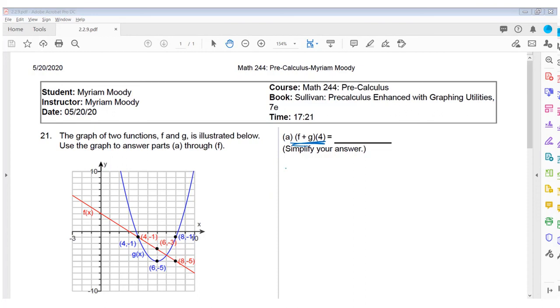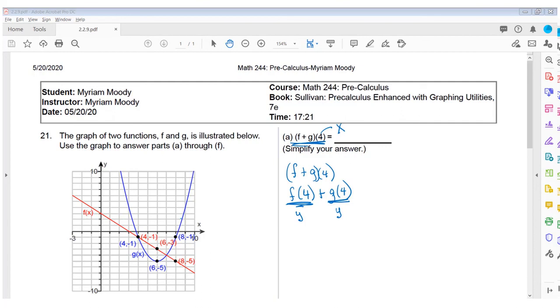Remember, f plus g of 4 can be written as f of 4 plus g of 4. What does the 4 represent? That's your x. F of 4? Yeah, that's a y. G of 4? That's also a y.